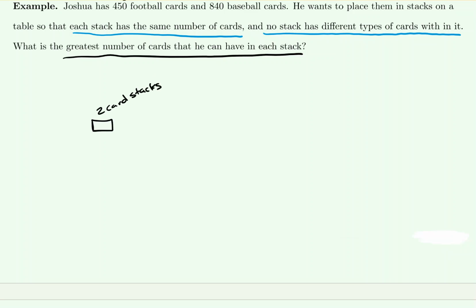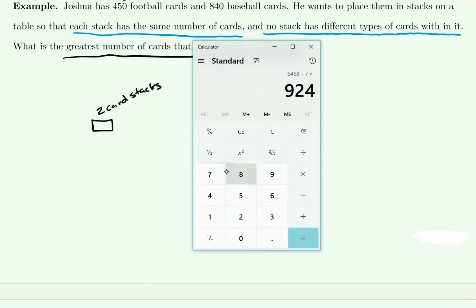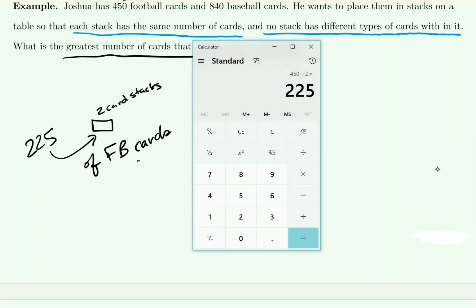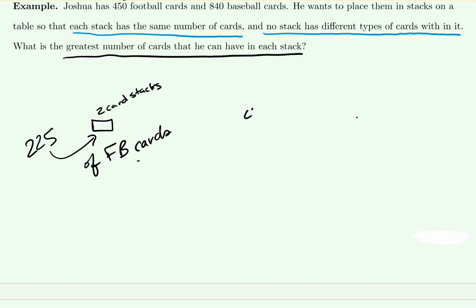Okay, in this case, we would need 450 divided by 2. We would have 225 2 card stacks of football cards. And for the baseball cards, 840 divided by 2 is 420. So we would have 420 of 2 card stacks of baseball cards.